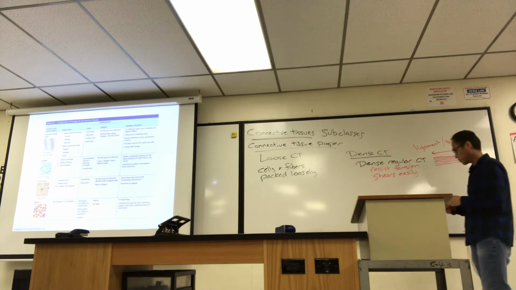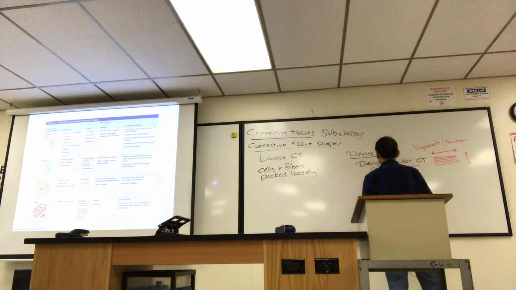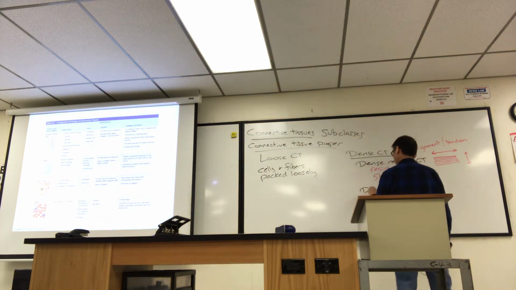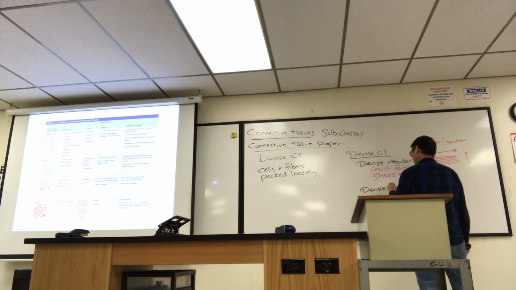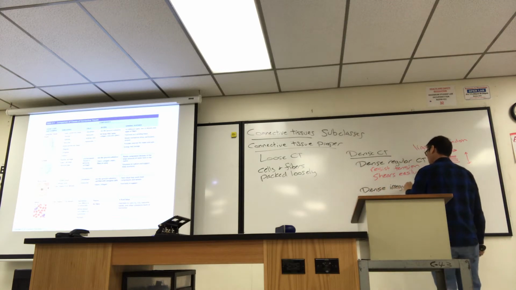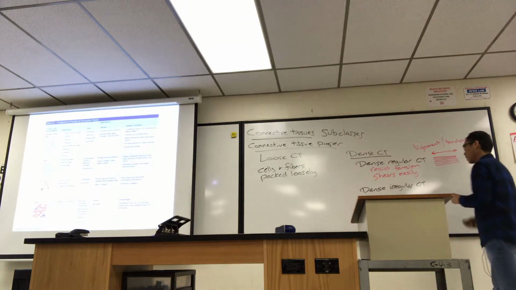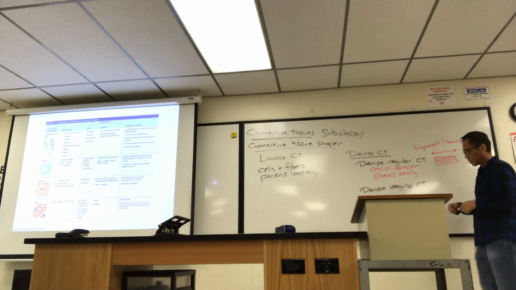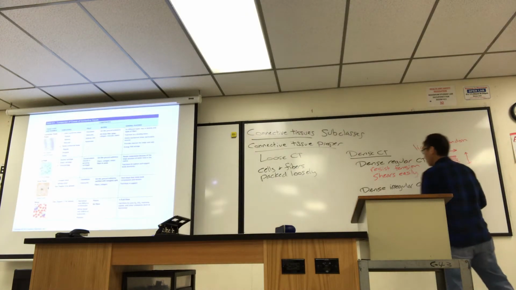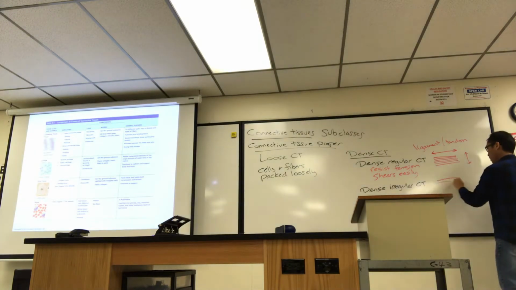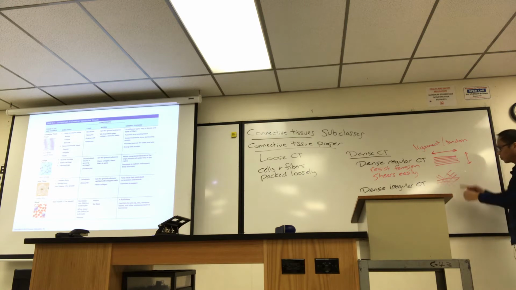The dense irregular connective tissues, the fibers run every which way. They run this way, this way. When you look at it, there's no rhyme or reason to it. So you could pull in any direction.